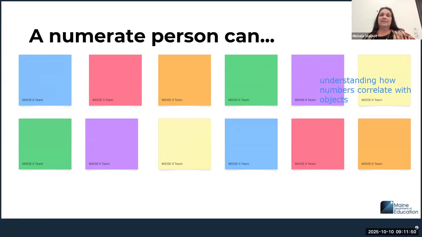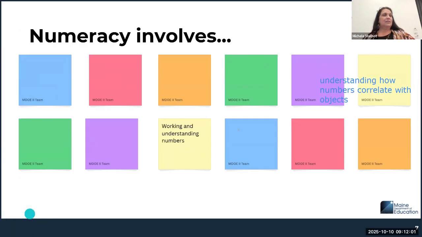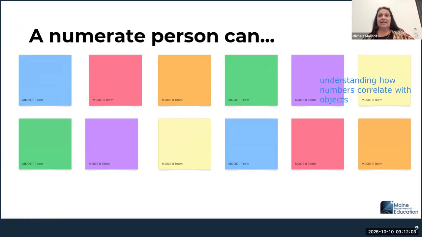You'll see the next prompt, a numerate person can. Once you've completed your thoughts around numeracy involves, please go to the next set of 3 slides where it says a numerate person can.